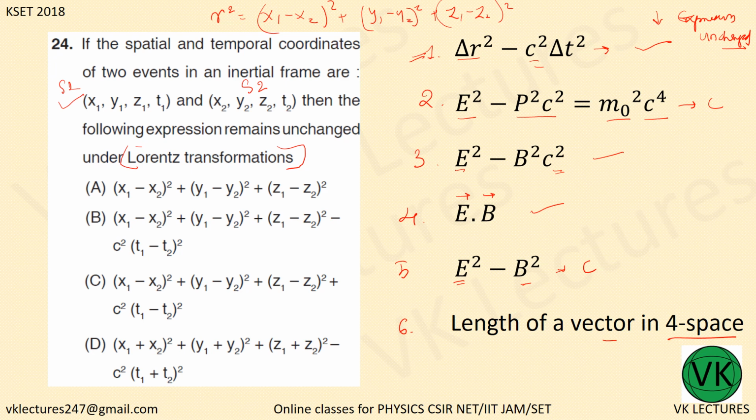So your option is option B. This is nothing but the first one, delta r square minus c square delta t square. So what you have to remember from this problem are these six quantities which remain unchanged under Lorentz transformation.